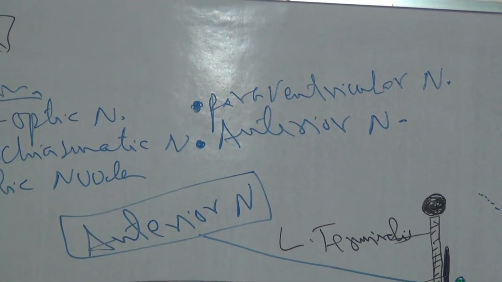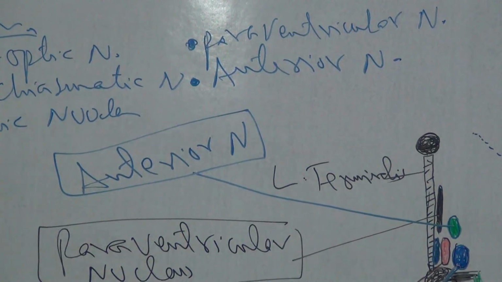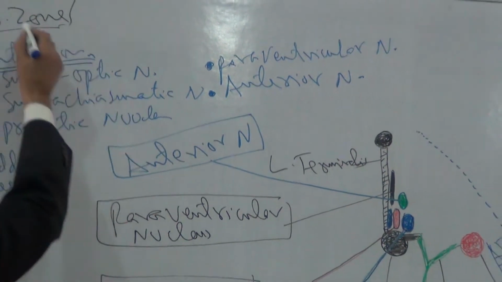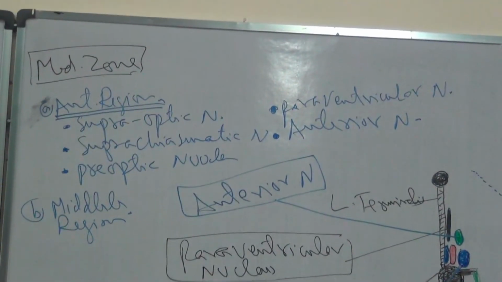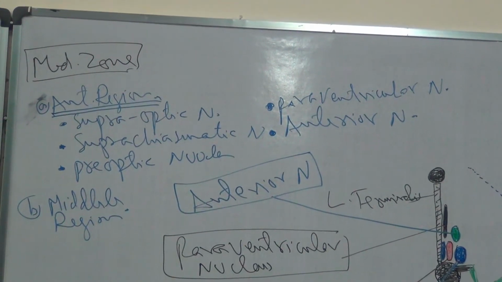So these are different nuclei in the anterior region of medial zone of the hypothalamus.